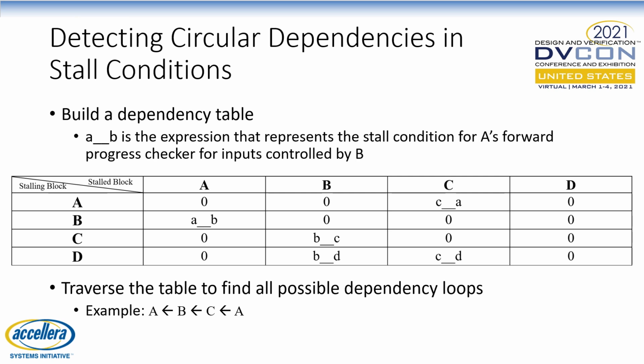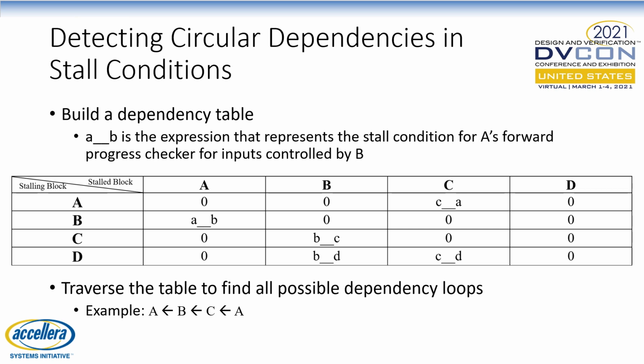Here the variable A_B represents the expression for stall condition that is embedded in the forward progress checker for block A and which is controlled by the inputs from block B.